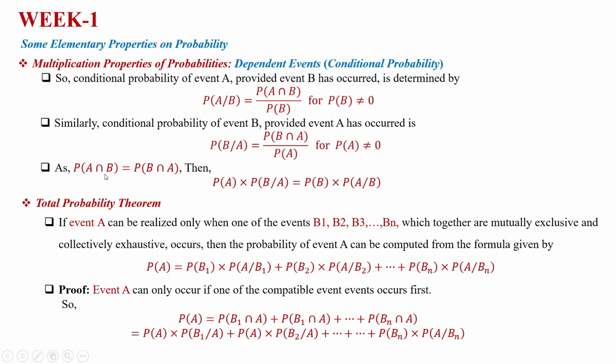As P(A intersection B) is equal to P(B intersection A), then PA multiplied by P(B|A) is equal to PB multiplied by P(A|B). This relationship comes in handy many times.